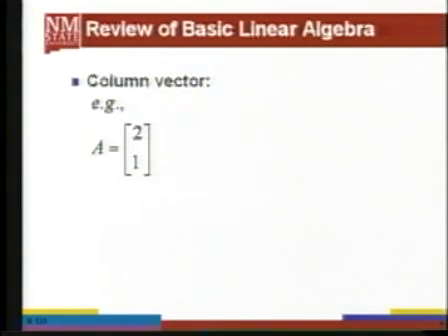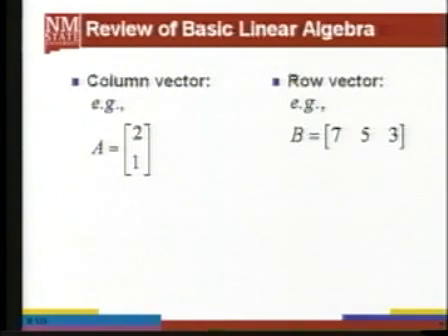A column vector is any matrix with only one column. That is, any m by 1 matrix would be a column vector. The number of rows in a column vector is the dimension of the column vector. So, for example, matrix A may be thought of as a 2 by 1 matrix or a two-dimensional column vector.